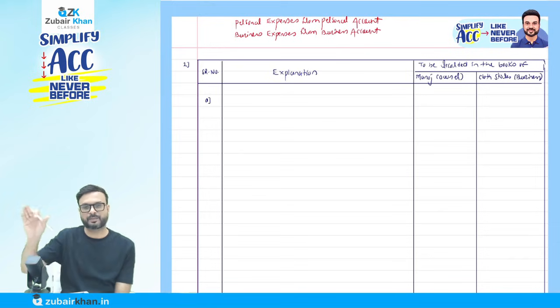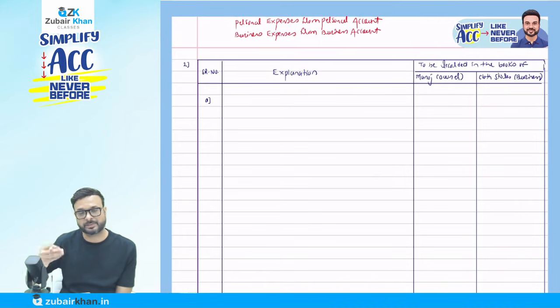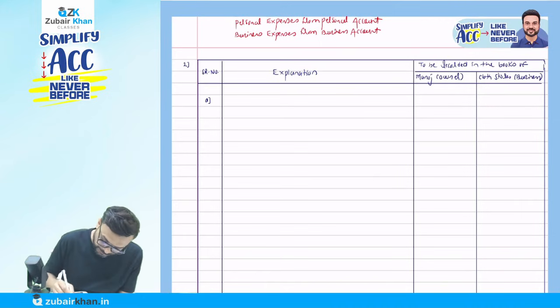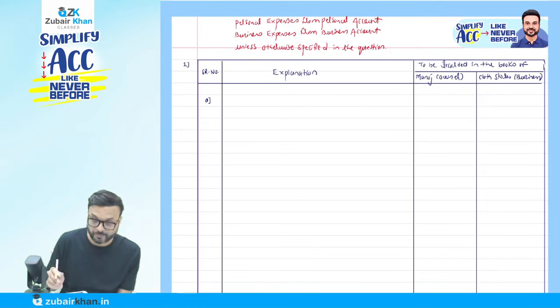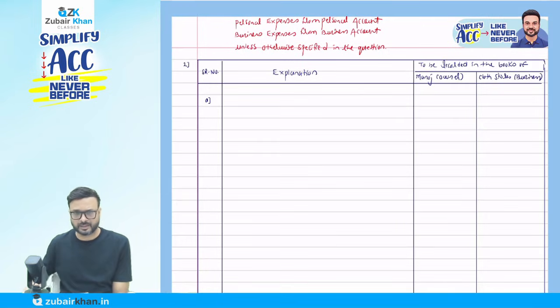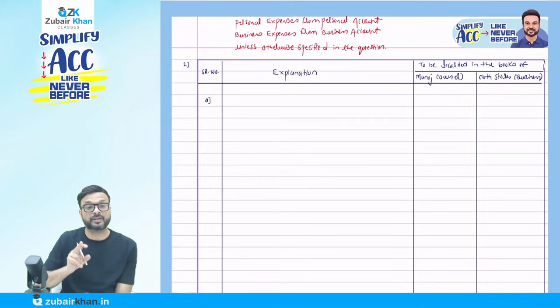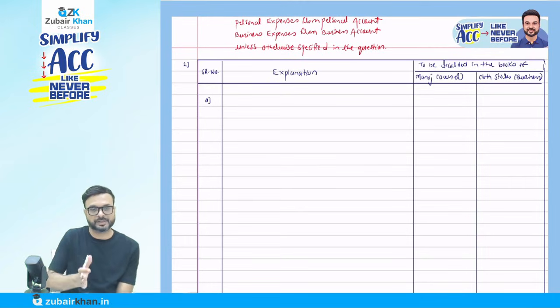Personal expense from personal money, business expense from business money, unless otherwise specified in the question. If they say the personal expense is from business, we'll say okay. If business expense is from personal, we'll say okay. But if they specify otherwise, personal, business.